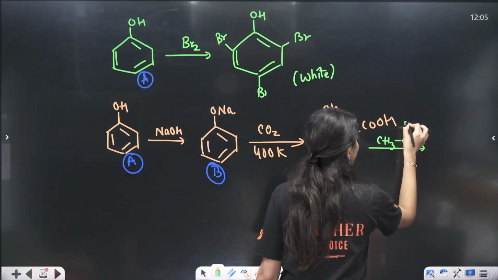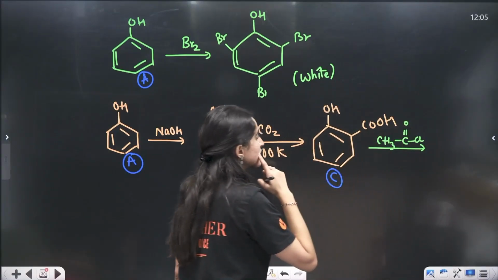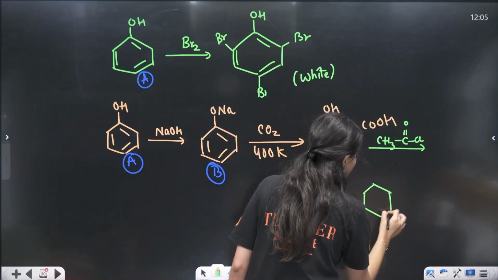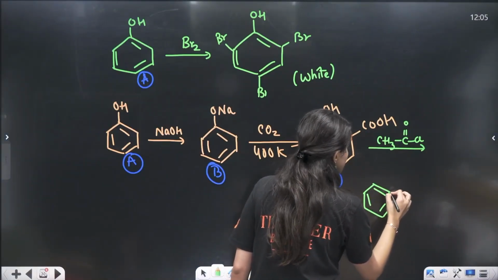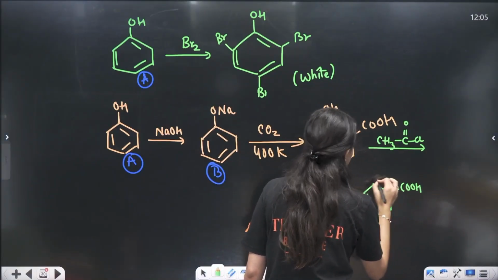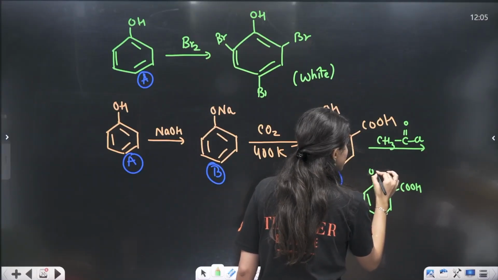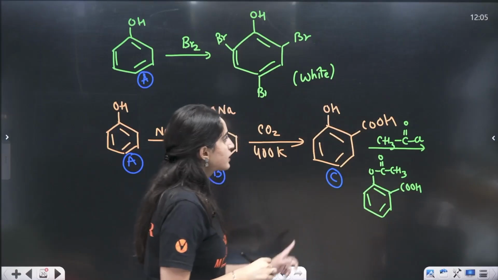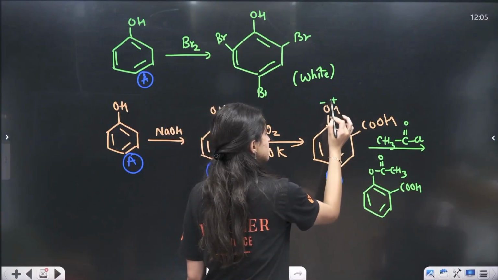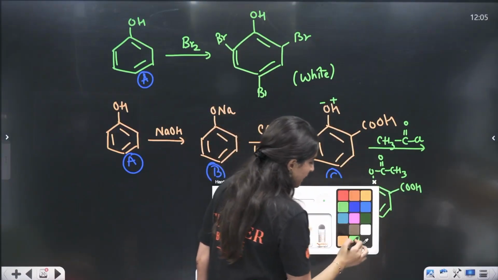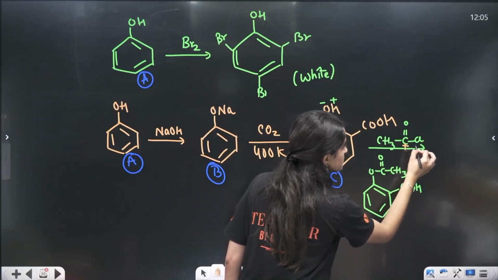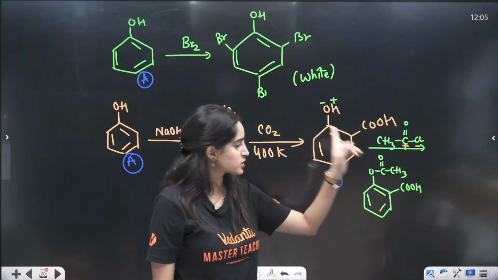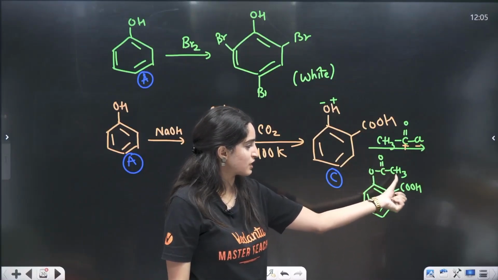The H will be replaced by this, and the COOH will remain as it is. Because this H is positive and this is negative, the CH3CO will replace this H positive, and you will have the formation of OCOCH3 with COOH.